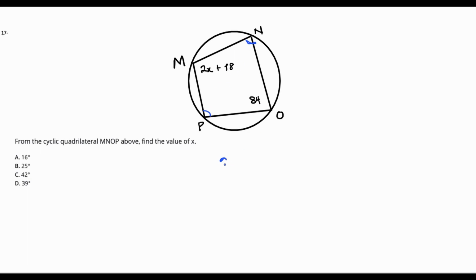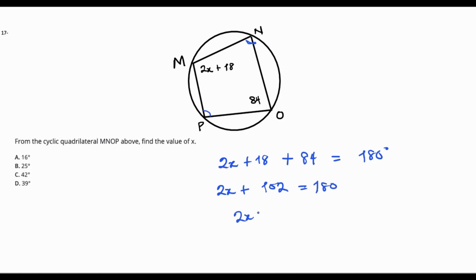So in this case, we know that 2x plus 18 plus 84 should be equal to 180 degrees. So here we have 2x plus 18 plus 84, that is 102, and that equals 180.